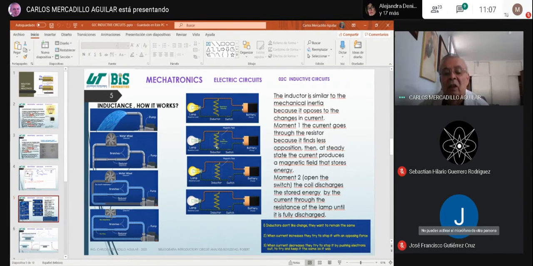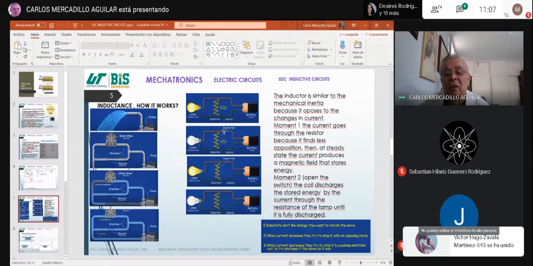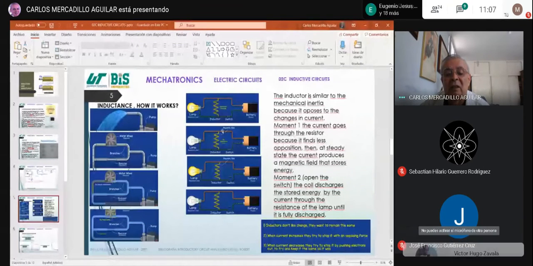and it is creating a magnetic field until it reaches a maximum value. When it reaches its maximum value, the current through the inductor is constant. So there is no change.